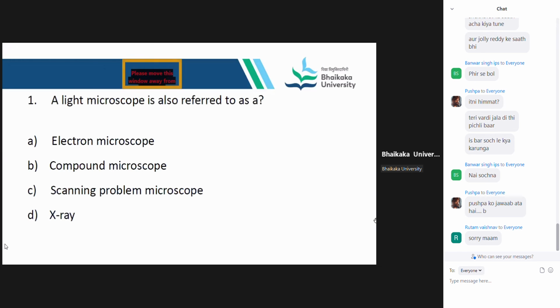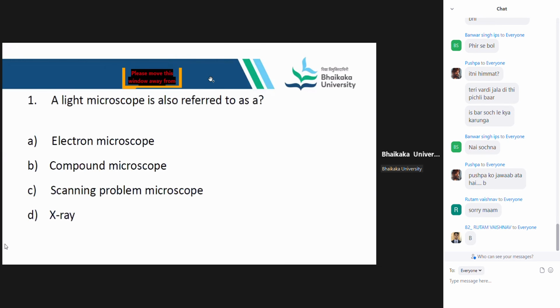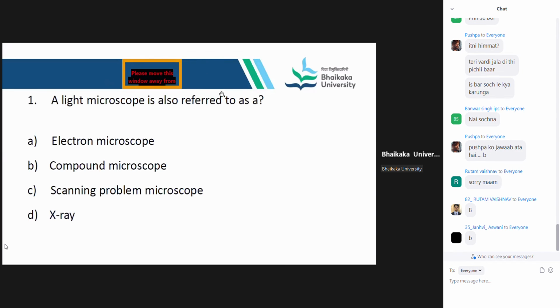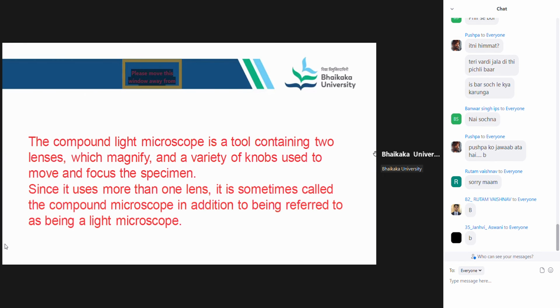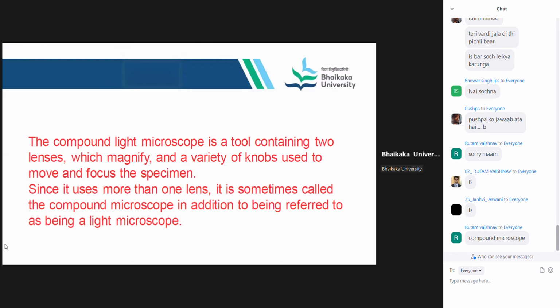Question number 1. A light microscope is also referred to as... someone has said it is known as the compound microscope. Yes. The compound light microscope is a tool containing two lenses which magnify, and a variety of knobs used to move and focus the specimen.